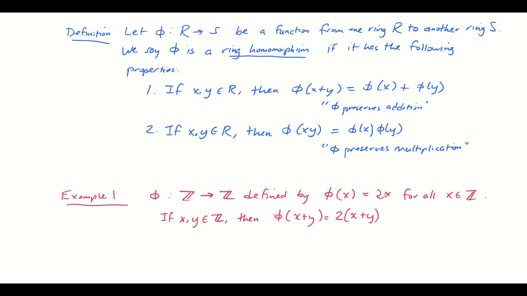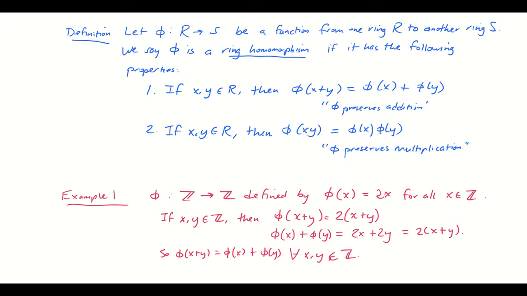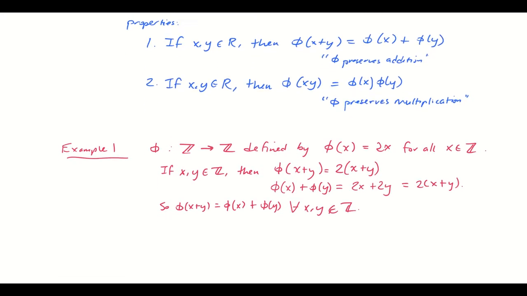And we're going to check whether that's the same as the result if we had just taken phi of each element and then added the results together. So phi of x is 2x and phi of y is 2y. Adding those together gives me the same thing as 2 times x plus y. So these two are the same, and they're the same for all x and y in the set of integers. So that means at least phi preserves addition.